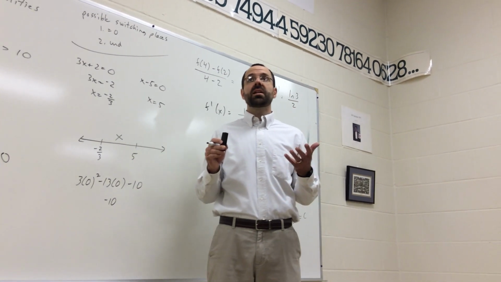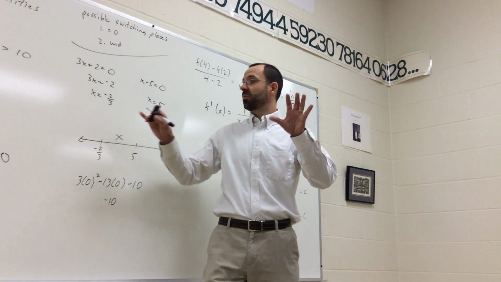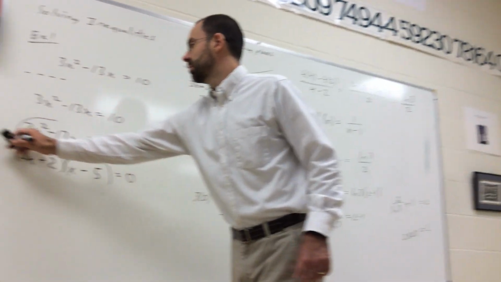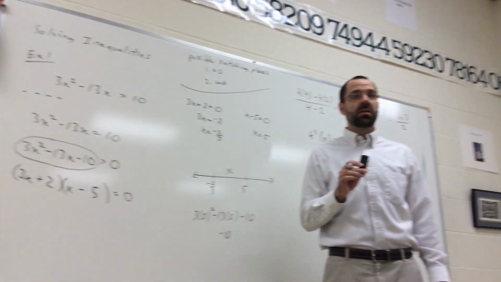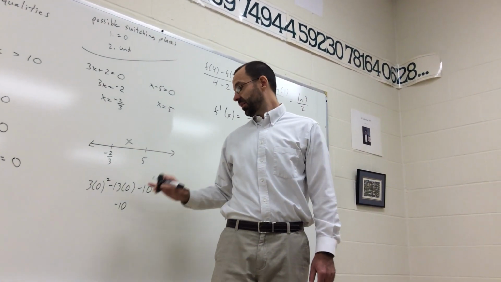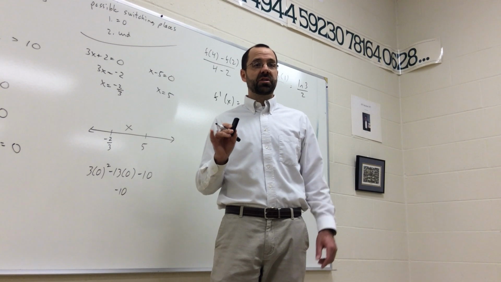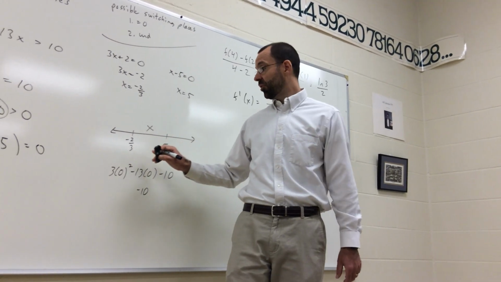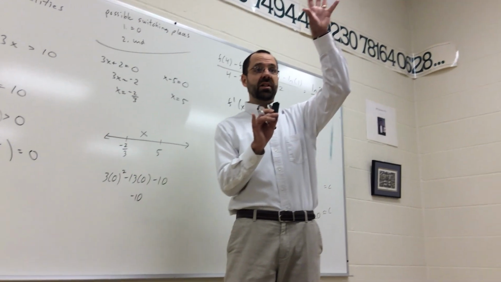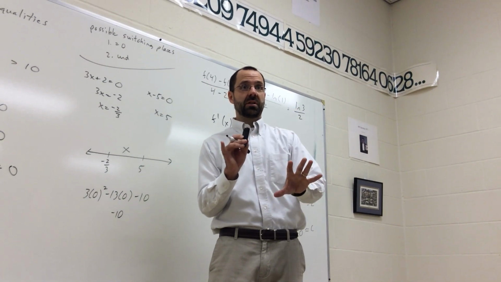So what I mean is this quantity here, I'm trying to figure out when it's bigger than 0. And I found out that 0 doesn't qualify. And I also found all the possible places where the quantity switched from positive to negative.